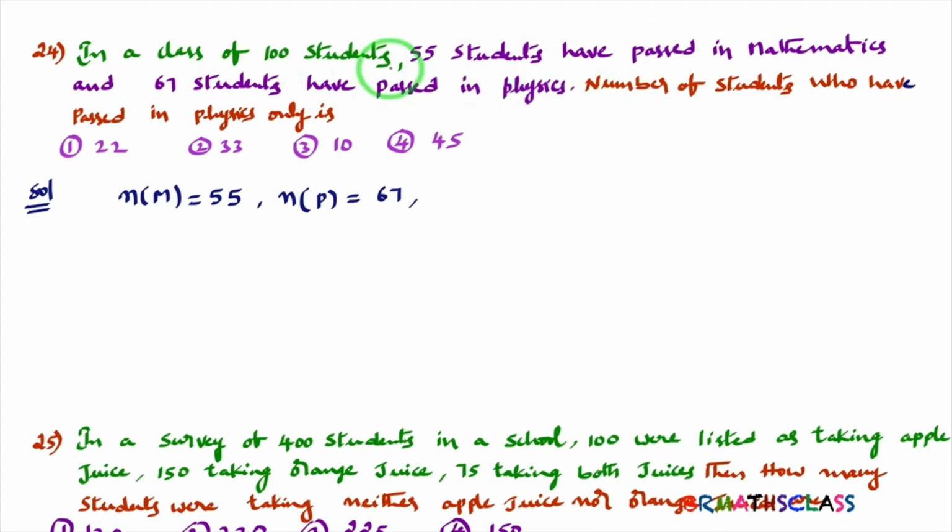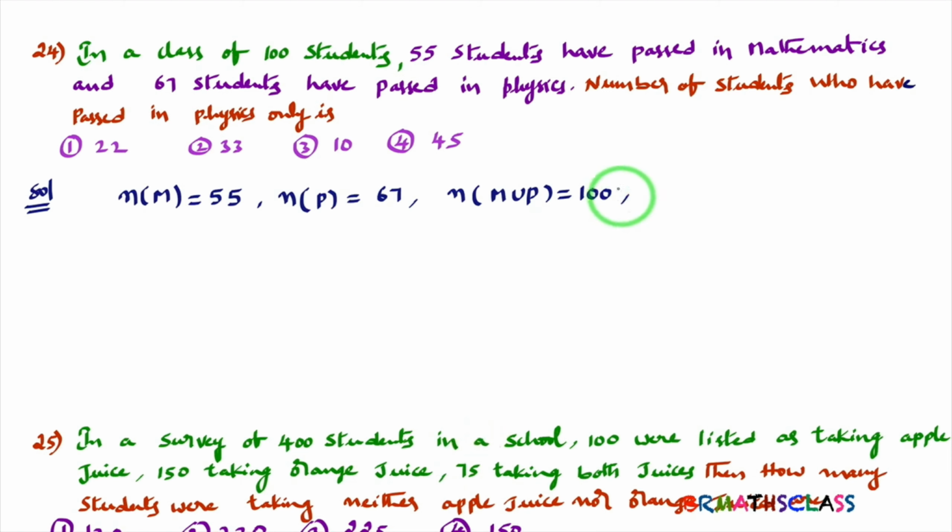That means all the students in that class already attended the exam of mathematics and physics. That means n of M union P is 100. This information is not given directly in the question; you need to understand it after reading the question.